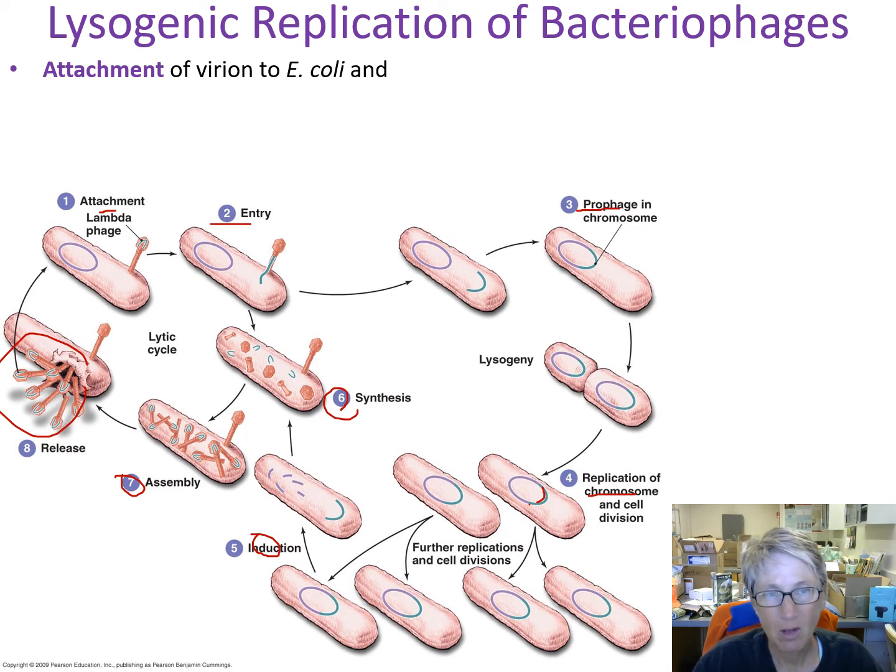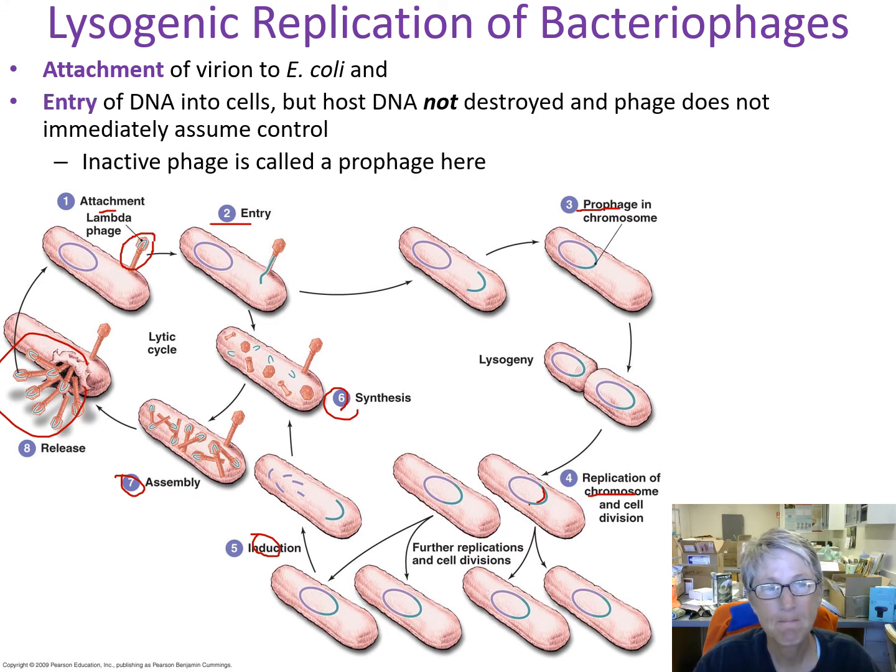So lysogenic replication, obviously you have to have attachment. So you have to get the virus to attach to the bacterial cell. And then the nucleic acid, in this case DNA, enters the bacterial cell, but the host DNA is not destroyed. So remember, we said the host DNA here, that would be the bacterial chromosomes, not destroyed.